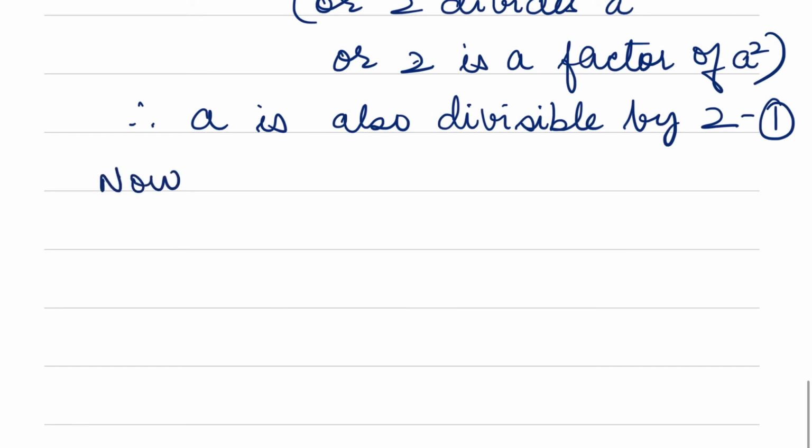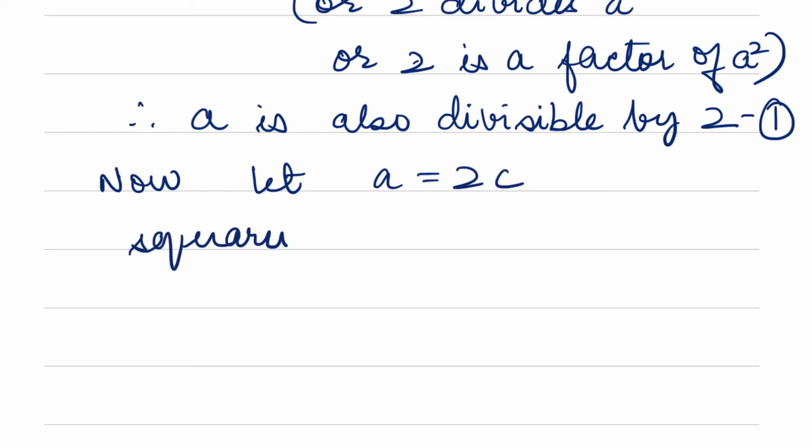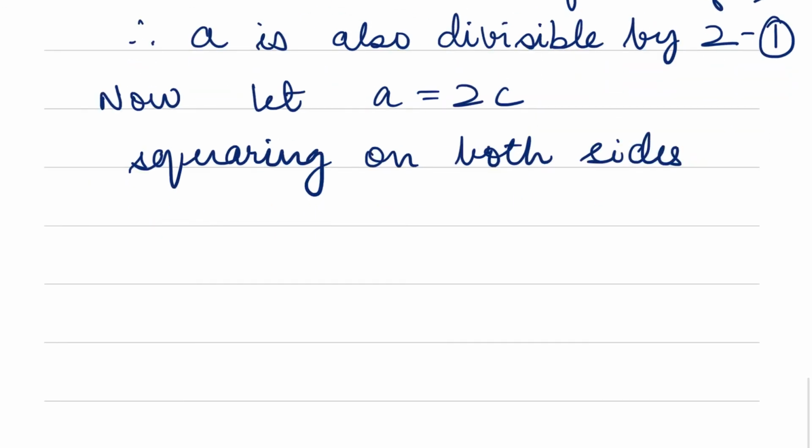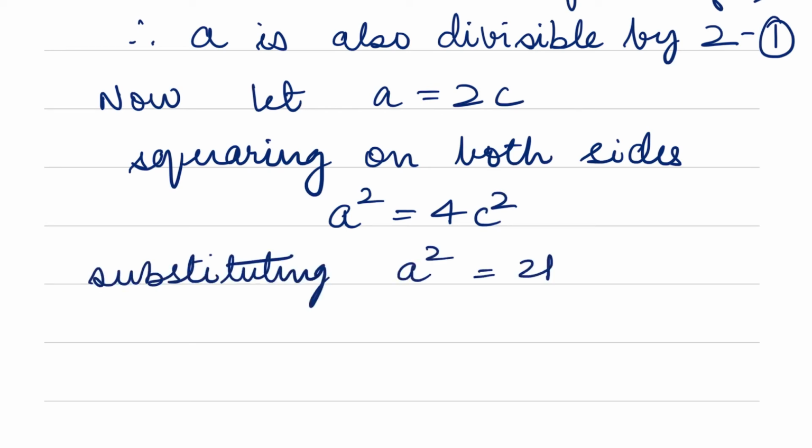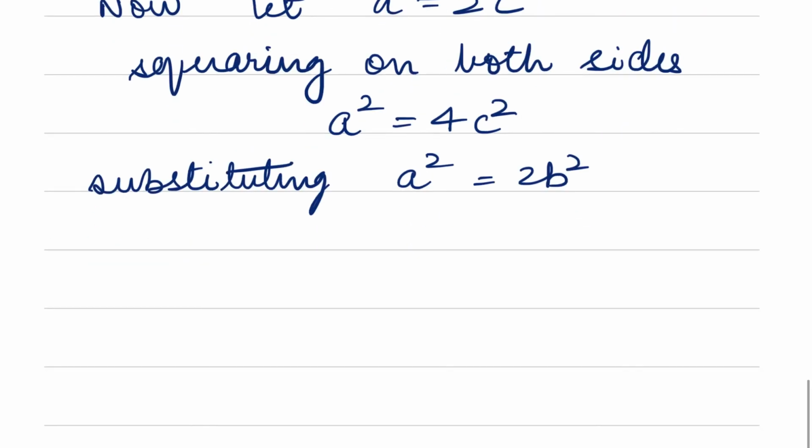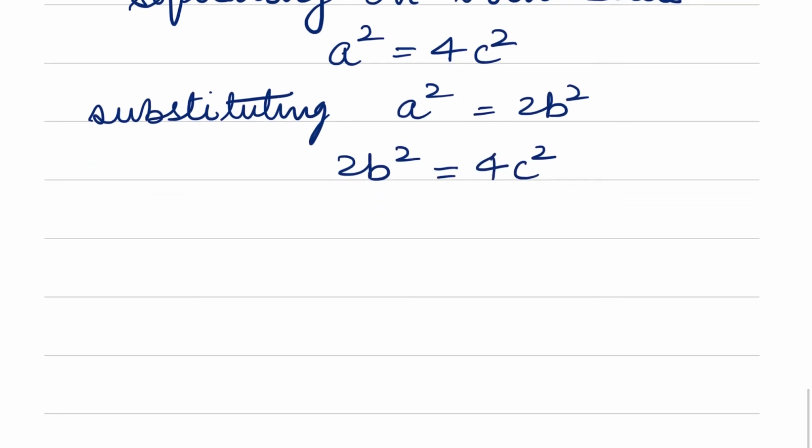Now let's take A is equal to 2C. Again squaring on both sides, we have A square is equal to 4C square. Now substituting A square is equal to 2B square, which we found out, we have 2B square is equal to 4C square, or I can say B square is equal to 2C square.